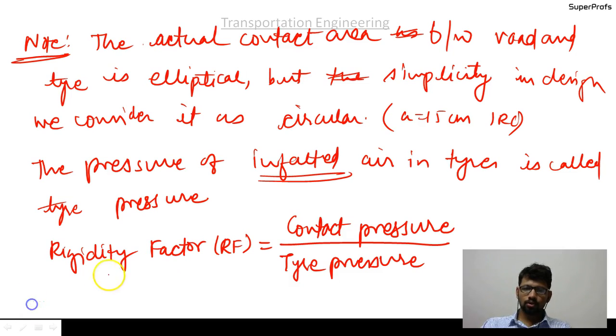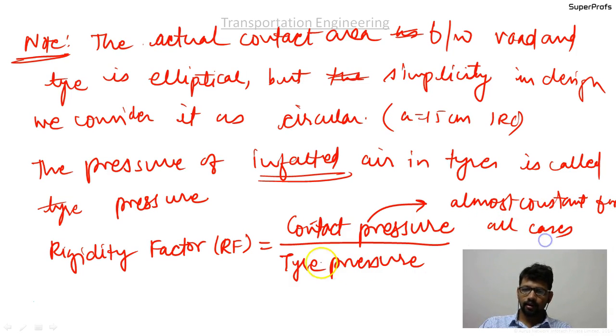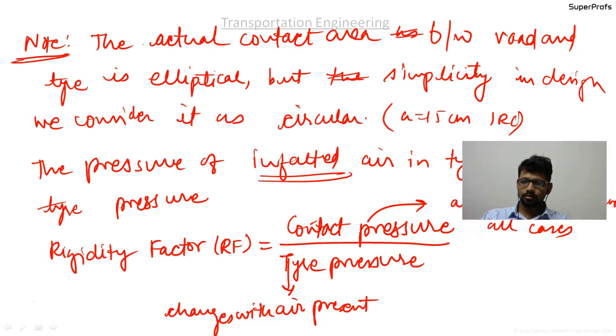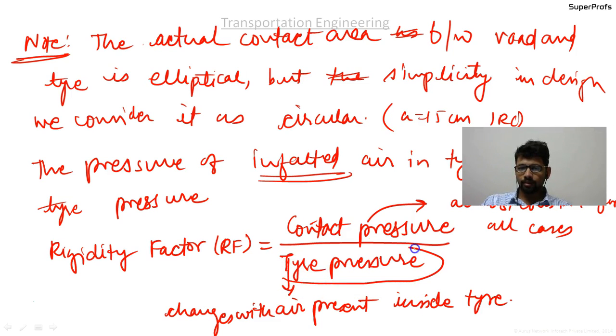In general, contact pressure is almost constant for all the vehicles, for all cases. But the tire pressure changes with the air present inside the tire. So based on the tire pressure, the rigidity factor changes.